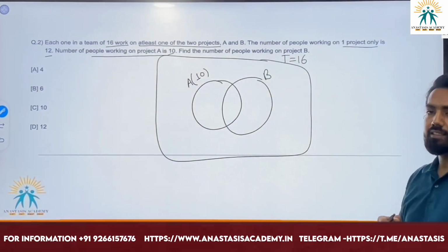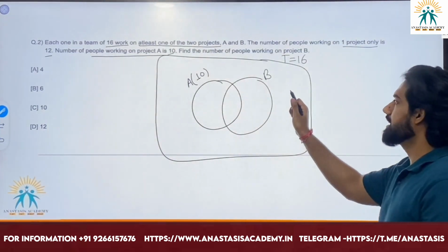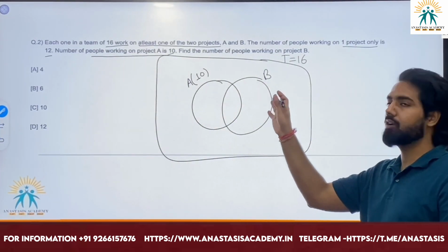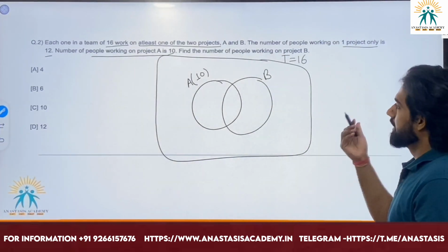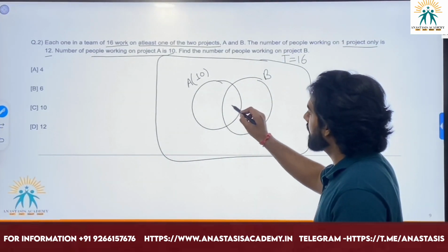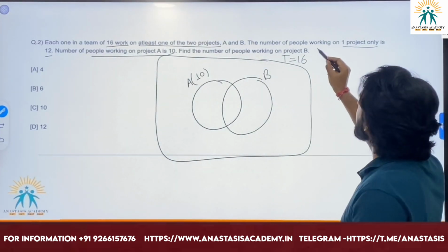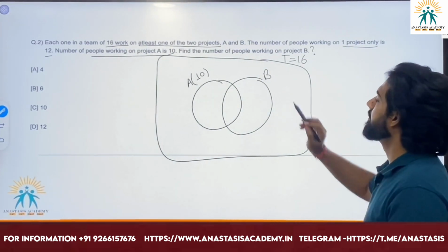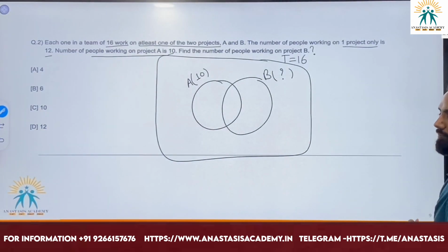At least one means either he or she is working on project A, or on project B, or can work on both the projects. So I need to find the number of people working on project B.